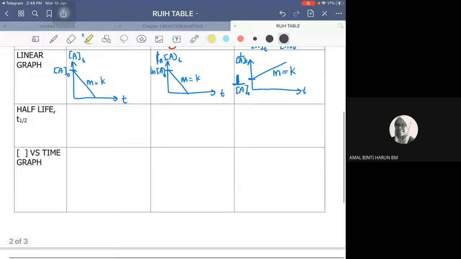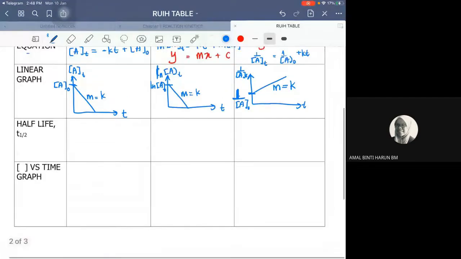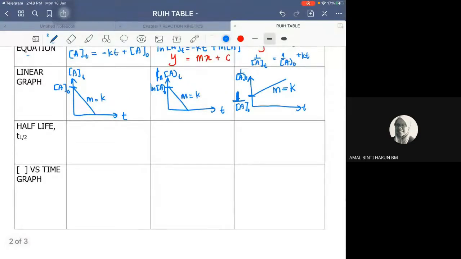Okay, then half-life. Half-life juga perlukan, tak perlu derive, tapi macam mana dapat formula half-life macam tu. Okay, saya tunjuk satu je lah untuk zero order. Okay, contohnya, dia bermula dengan integrated equation. Ada orang dia tak nak hafal, dia nak derive.